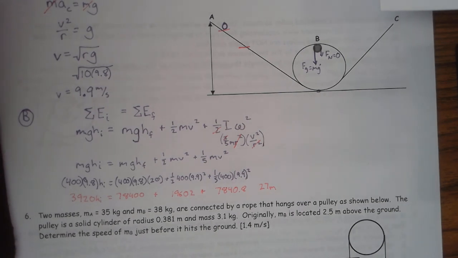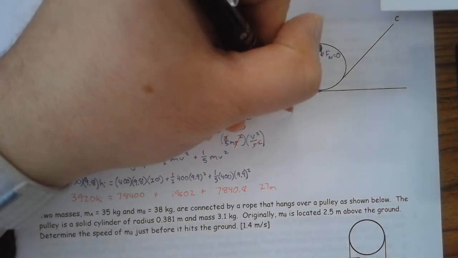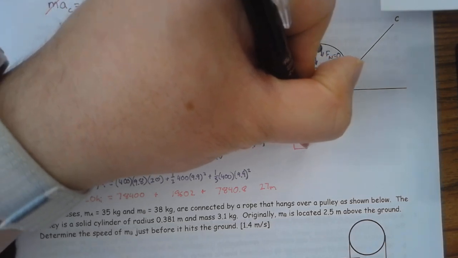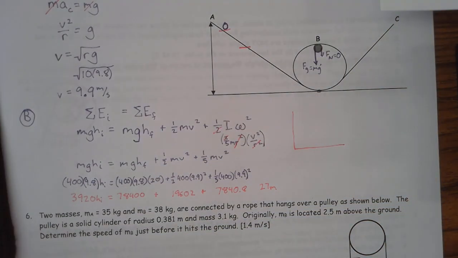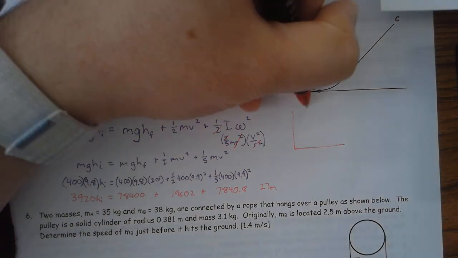Part D says draw an energy bar chart that represents the ball at point A and B. So if I'm drawing these bar charts and I have the actual access to the energy numbers, it makes it way easier. Okay?